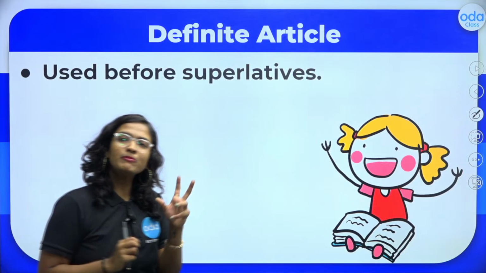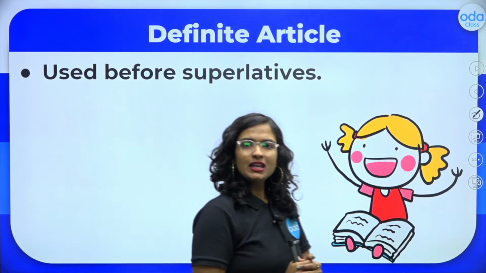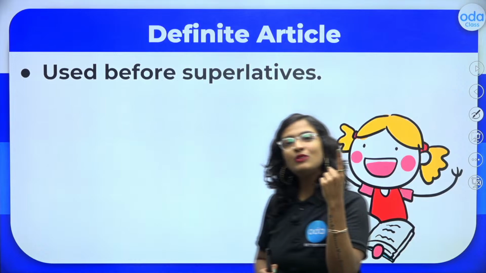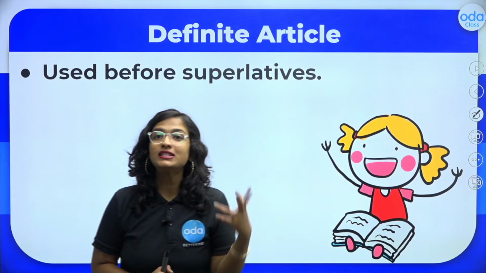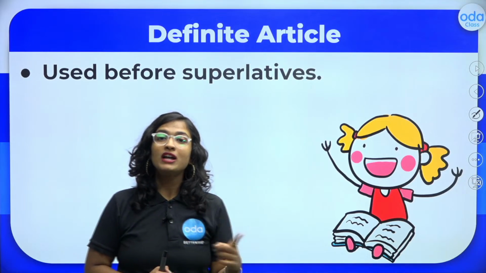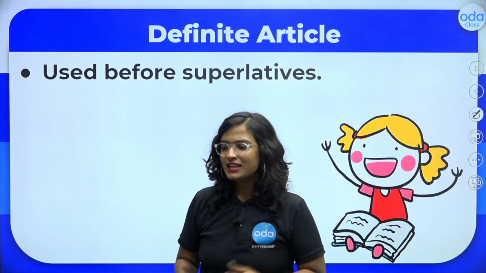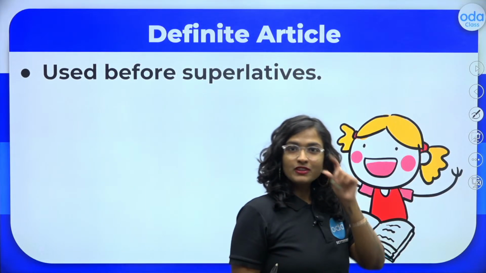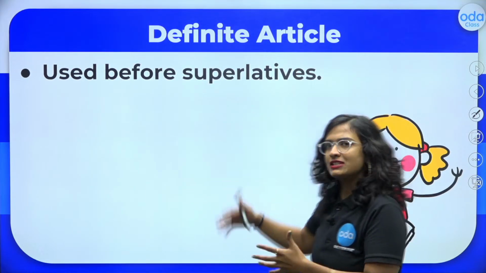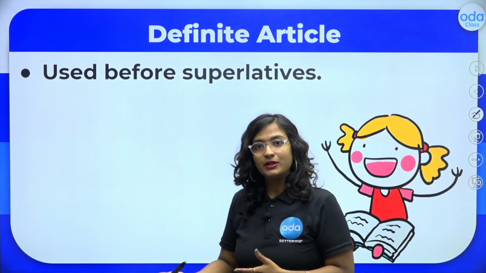Let me explain this to you as well. It's because there can only be one superlative, right? There can only be one person who is the best. There can only be one person who is the funniest. There can only be one program which is the most successful, right? So before superlatives, we always use our article the.